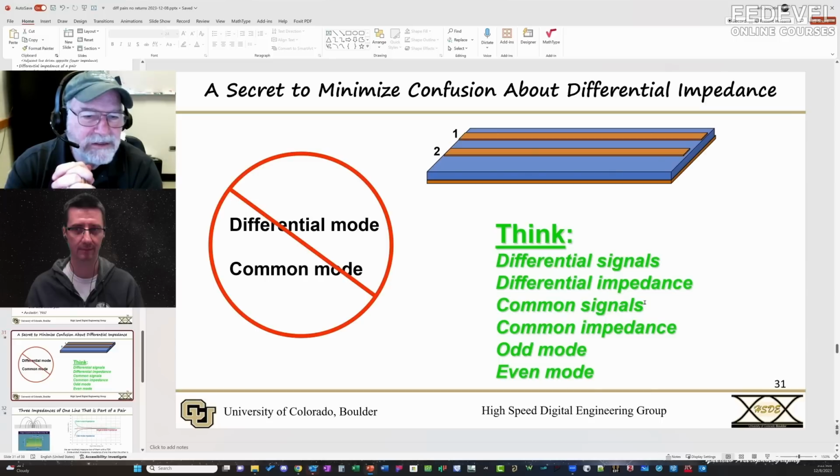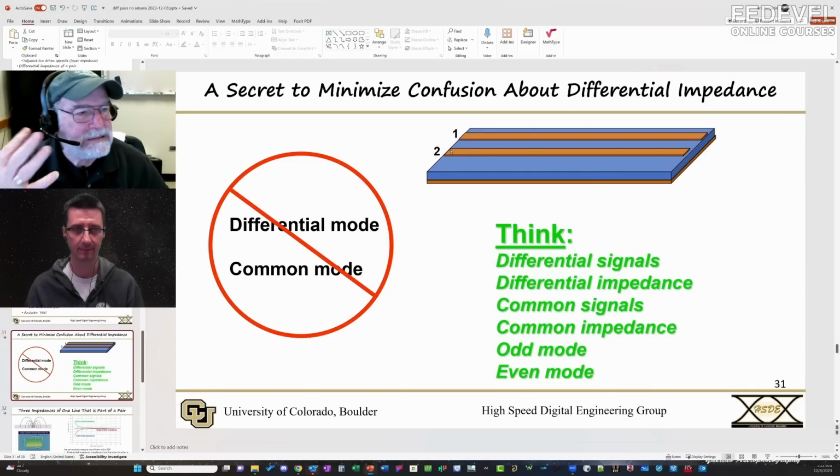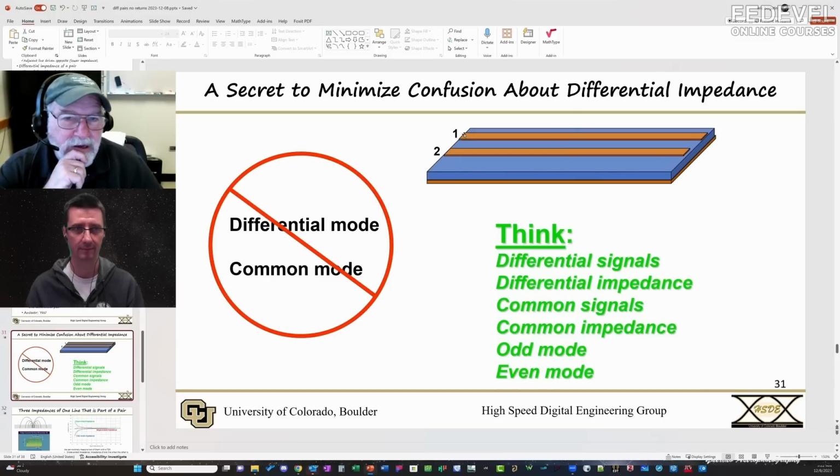So you asked, what's a common signal? If I have two single-ended transmission lines, line 1 and 2, I have a single-ended signal on line 1 and a single-ended signal on line 2 with respect to reference ground somewhere, my circuit ground. We call them line 1 or the P line and the N line.